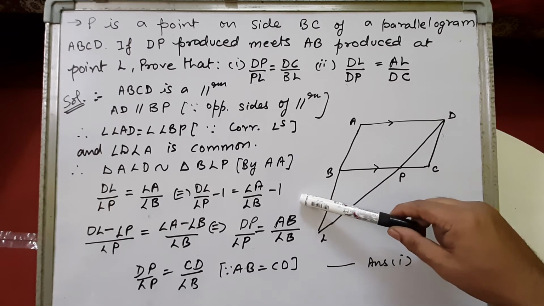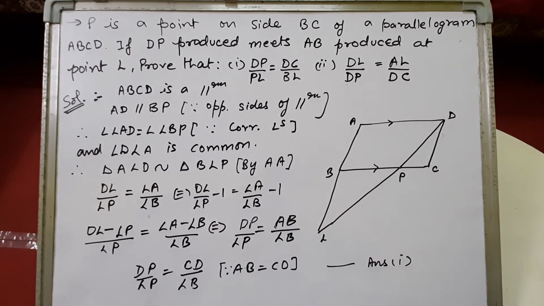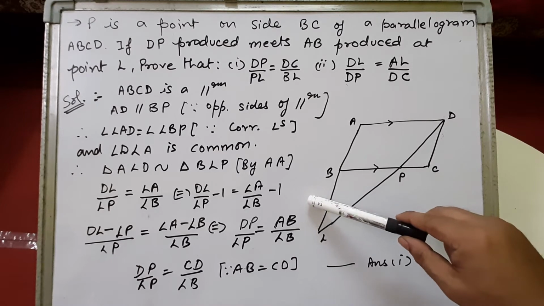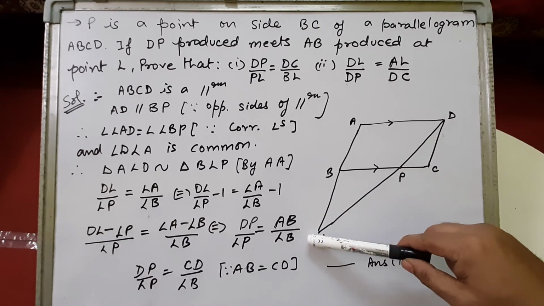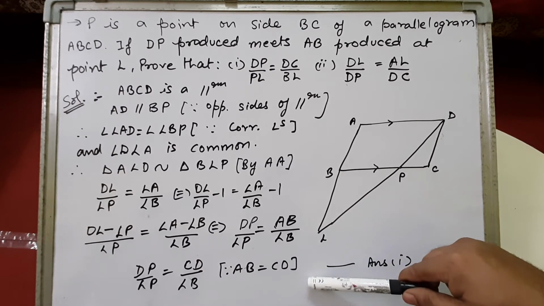We can add or subtract any constant term, it will not affect the proportion. So we subtract 1 on both sides. It will become DL upon LP minus 1 equals LA upon LB minus 1. On taking the LCM, we'll get DP upon LP equals AB upon LB, right?